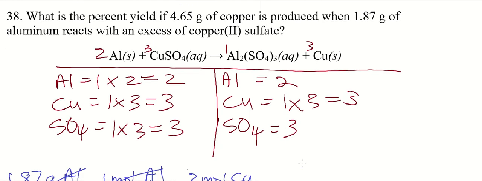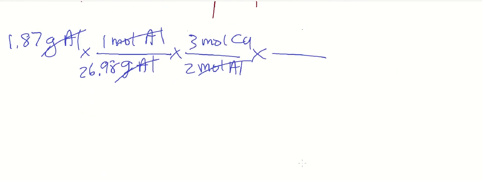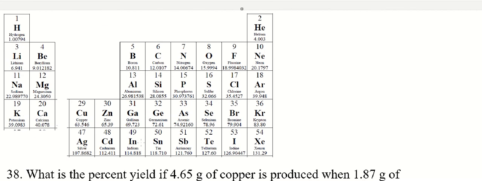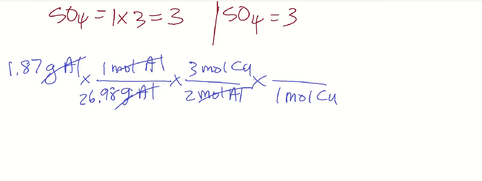Grams of copper. So we're going to need grams of copper, then you need the molar mass of copper. 1 mole of copper has a mass of 63.55 grams.